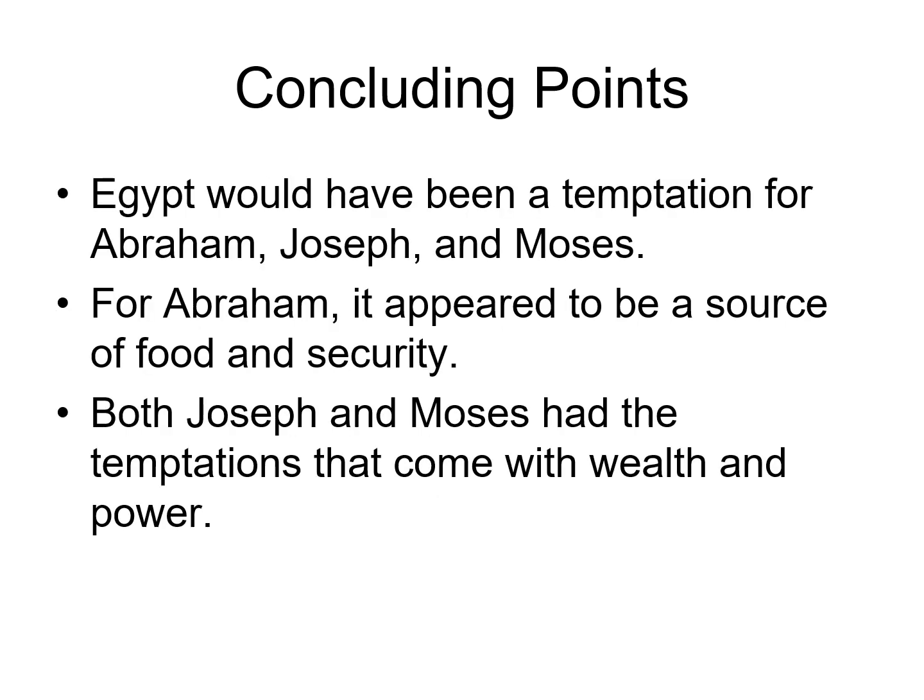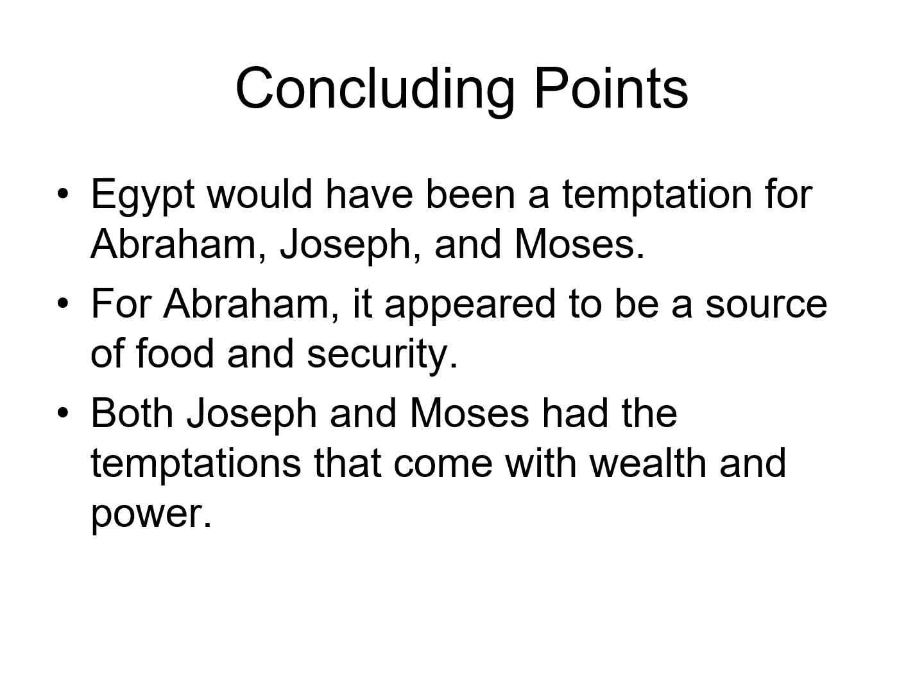So what are some takeaways that we can get from Abraham, Joseph, and Moses? Well, it would have been a temptation for all three of them. For Abraham, Egypt appeared to be a source of food and security, quite the contrast to the famine in Canaan.